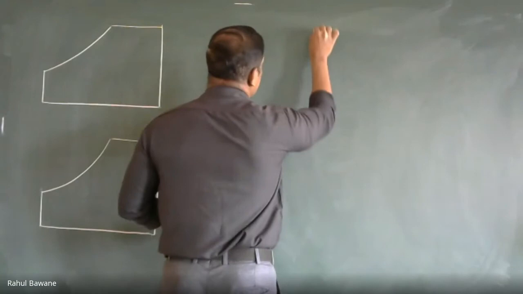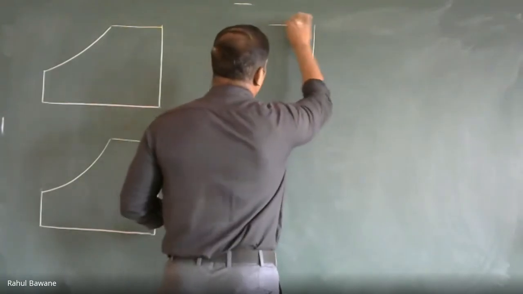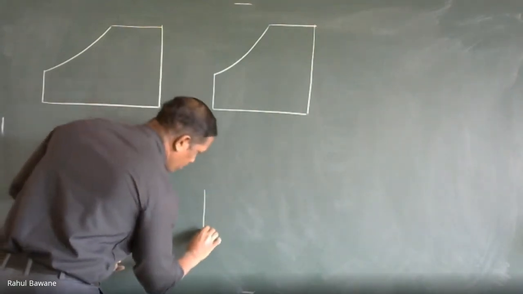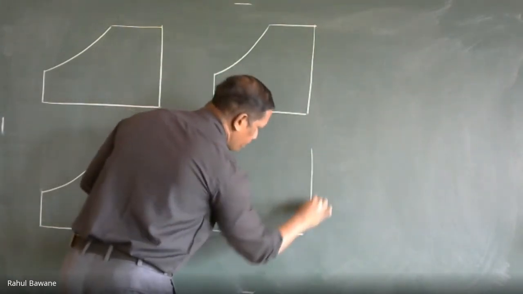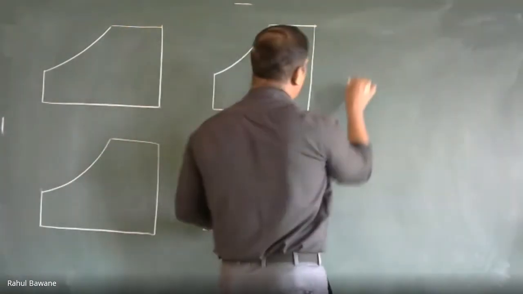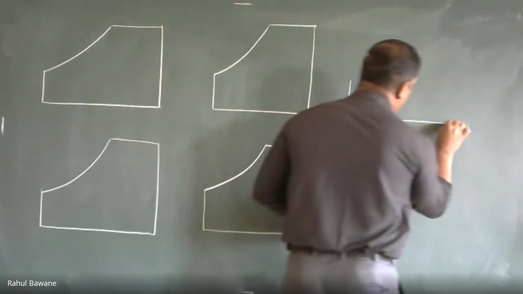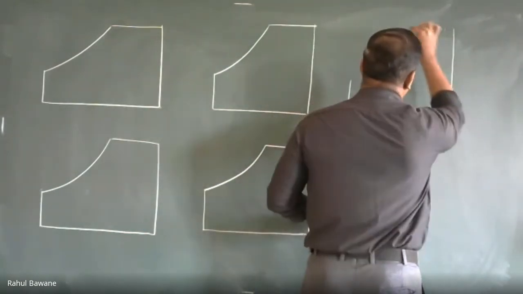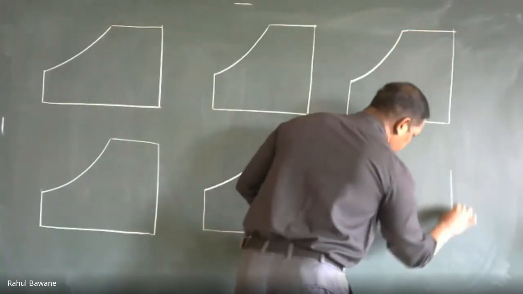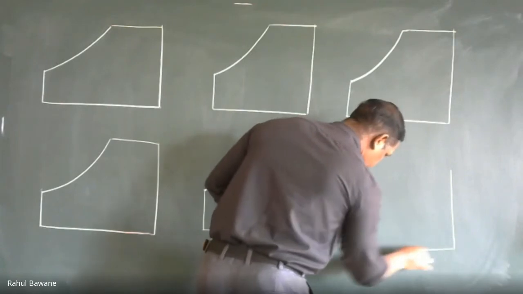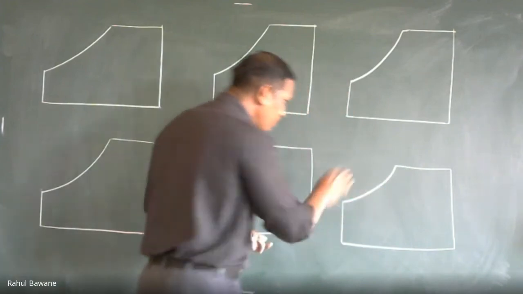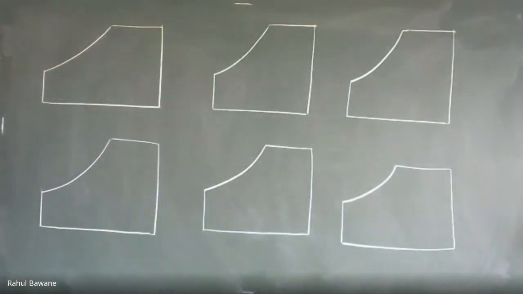So I will draw 6 psychrometric charts. These are the basic shape of the psychrometric chart.